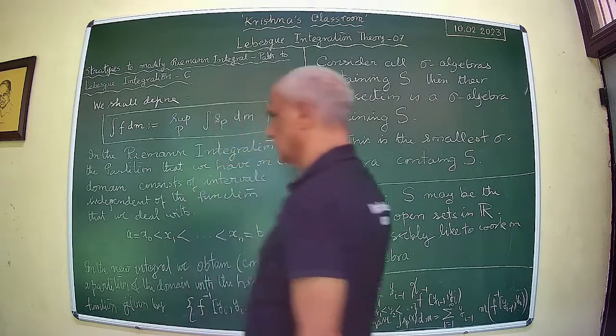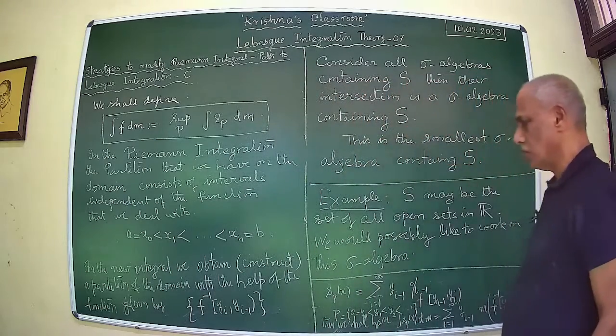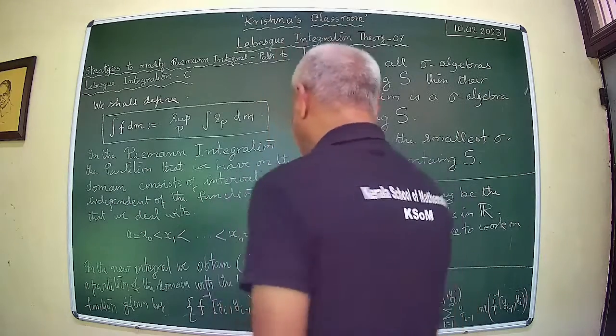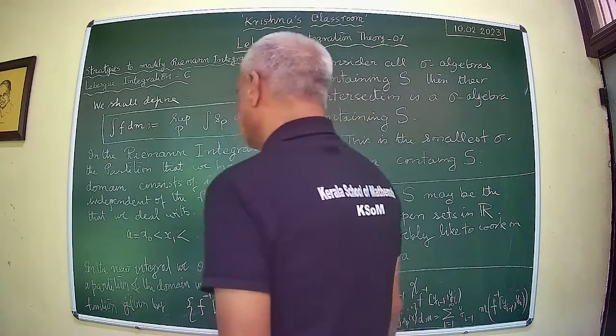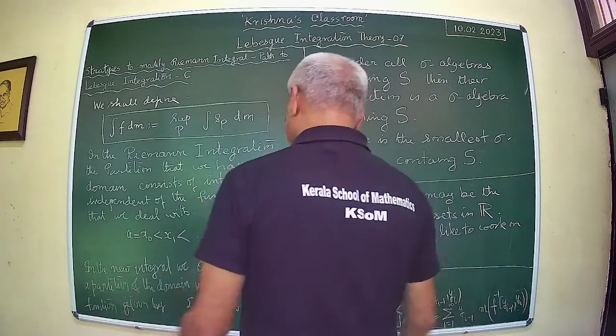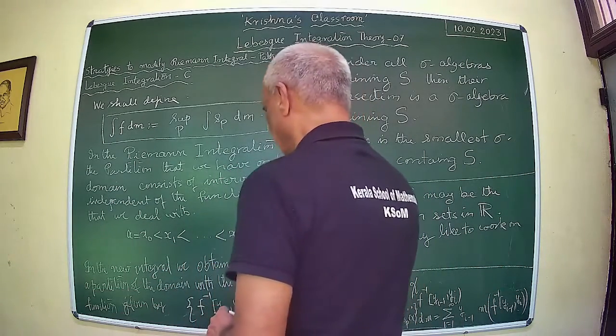This gives a partition. The domain is partitioned using this, and you see that if you take the union of this, it will become the whole of the domain.